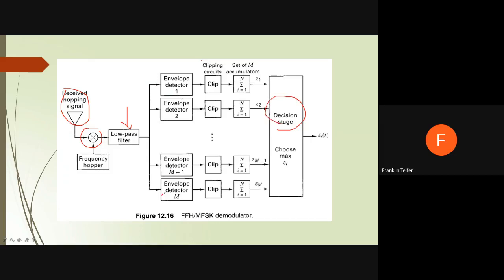So it tends to track the signal. There is a process of tracking going on at the receiver side, with different spreading of the signal, envelope detectors up to M minus 1, where M is the number of sequences. The clippers clip off the sequence, and it's given to an accumulator to add all the sequences. Here the decision device decides the tracking sequence, continuously maintaining the waveform with a fine alignment.